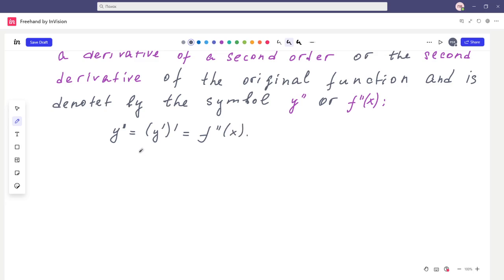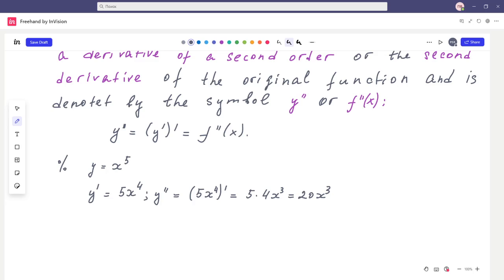For example, if y is x to the power of 5, y prime is 5x to the power of 4, y double prime is the derivative of 5x to the power of 4, or 5 times 4x to the power of 3, 20x to the power of 3.